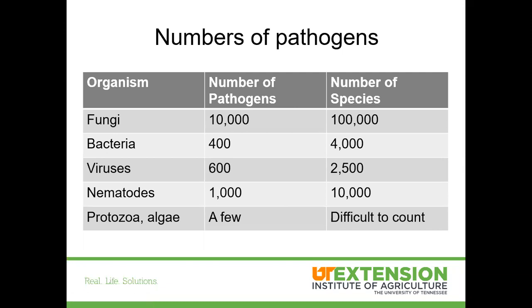You can see by far the fungal organisms are what we deal with the most. Secondly would be bacteria and viruses, and nematodes are usually not a problem for home gardeners, but they can be in specific crops, especially tomatoes, which tend to get root knot nematode, or boxwoods in the landscape.